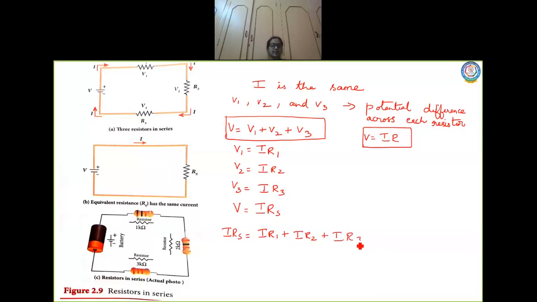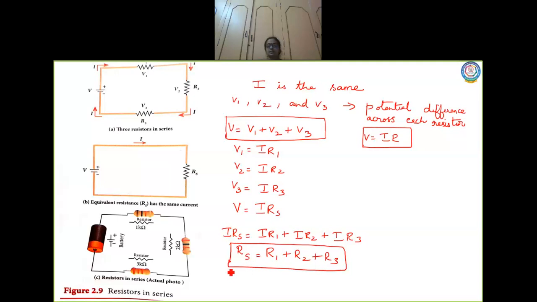Everywhere I gets cancelled. So I have only the value of the effective resistance, which is equal to R1 plus R2 plus R3. So what is the effective resistance? The effective resistance is equal to the sum of the individual resistances as shown in the figure. So this is the effective resistance.